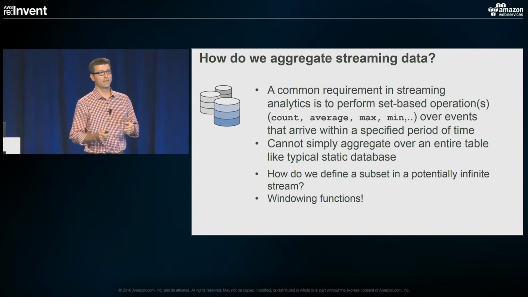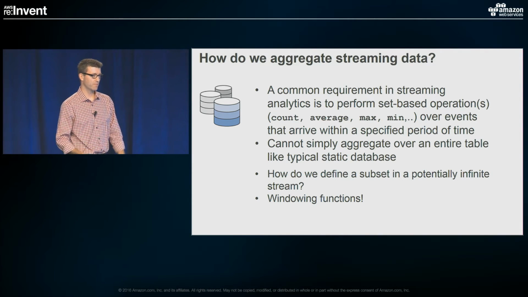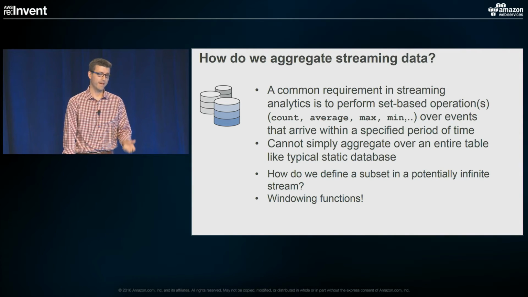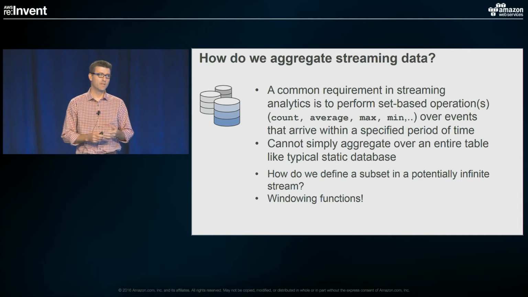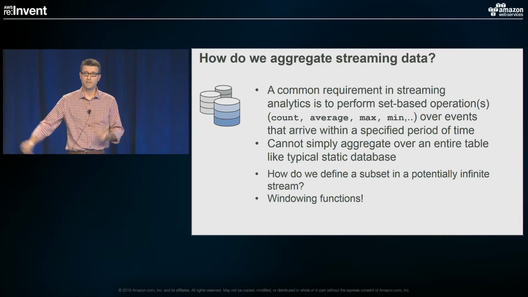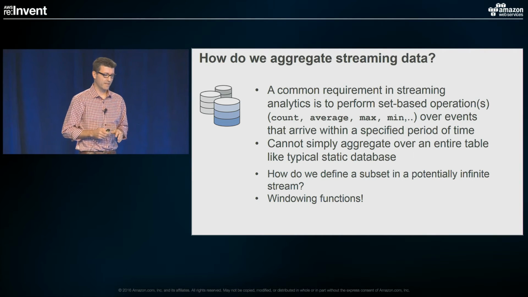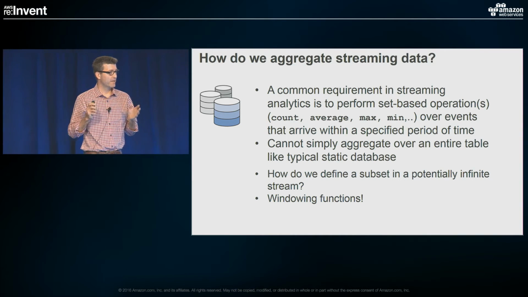So if I said select star from my stream where some value equals 5, Kinesis Analytics won't let you. It will say you can't do that because the stream is potentially infinite. We need some way to tell Kinesis Analytics how to work on just a subset of my streaming data.